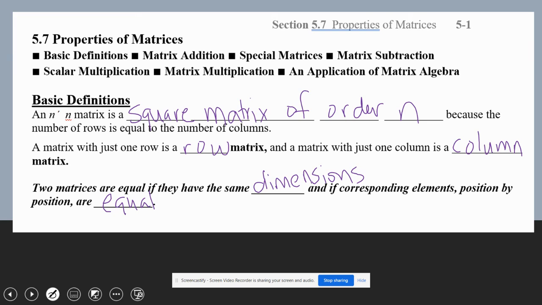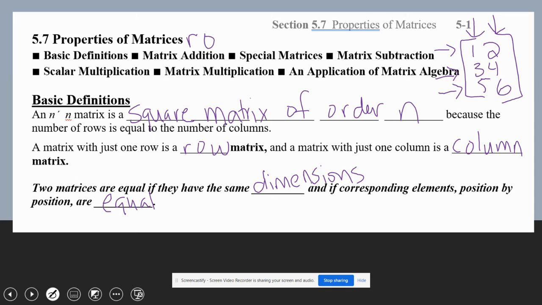So let's talk about this for a minute. If I have a matrix that looks like this, 1, 2, 3, 4, 5, 6, there are 2 columns and 3 rows.